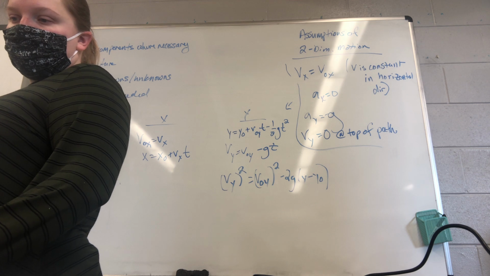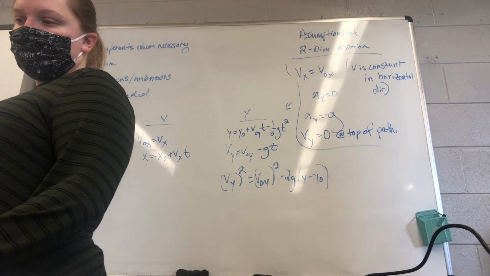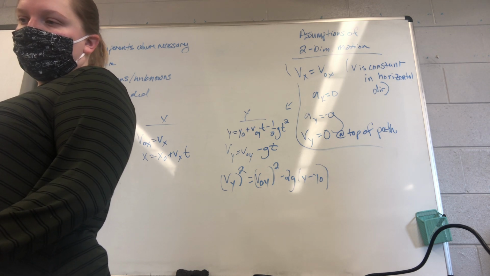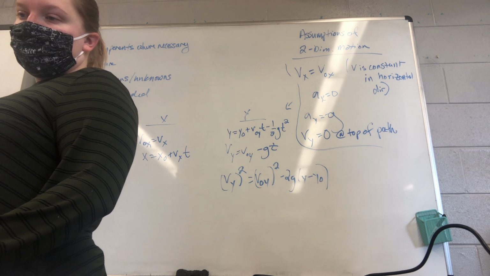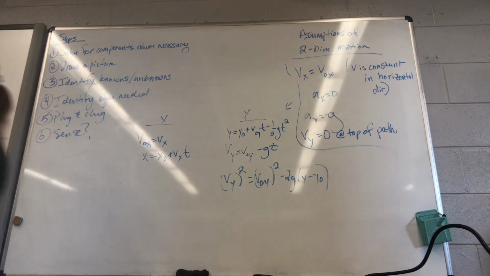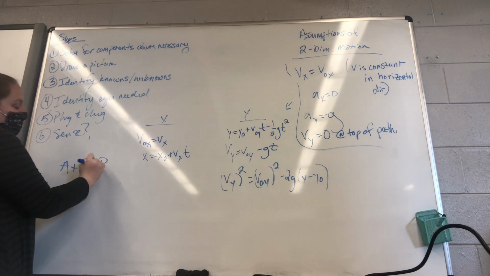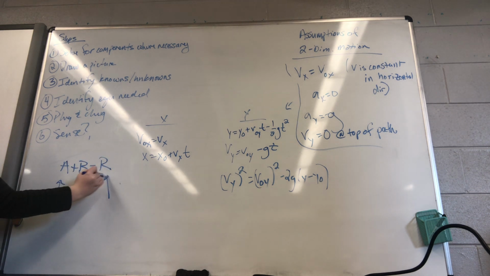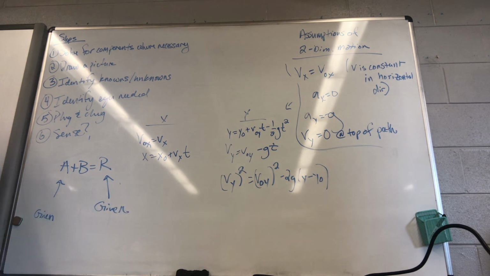Okay. So that was section 4 of chapter 3. Section 5 talked about addition of velocities, just the same as a plus b makes r, and being able to figure out, if you are given two of these things, could you figure out the other?